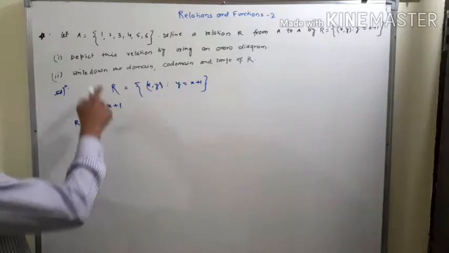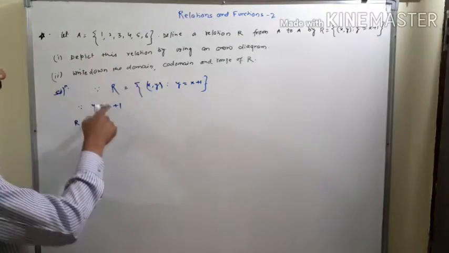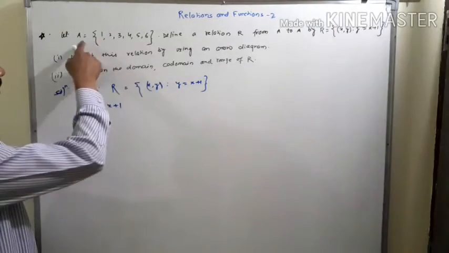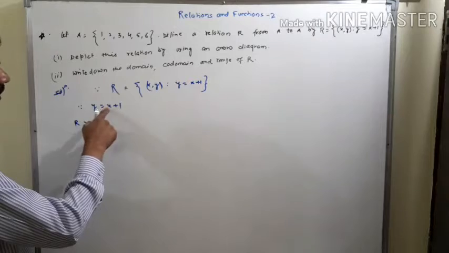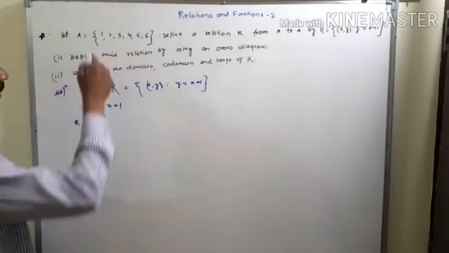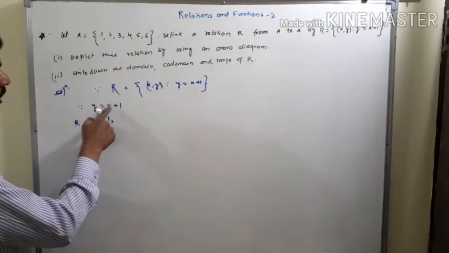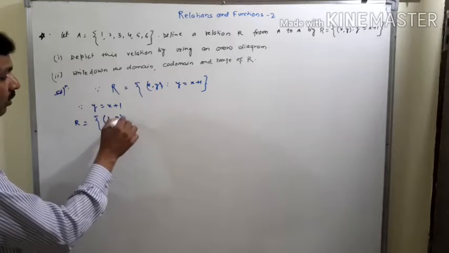If we take x = 1, where x belongs to A and y also belongs to A, then y = 1 + 1, which is 2.